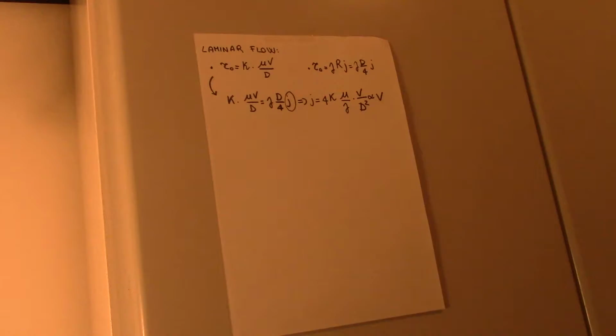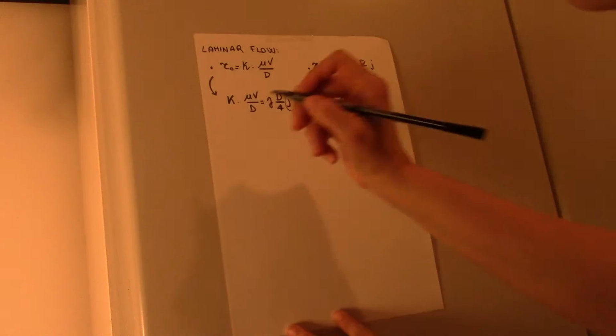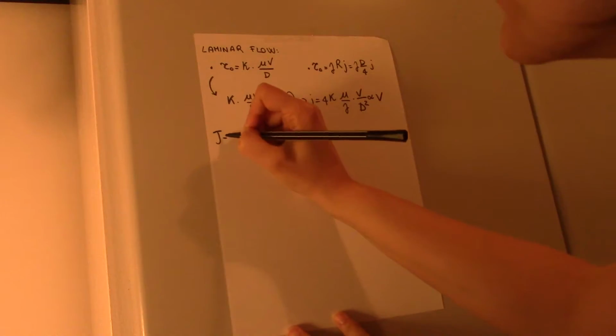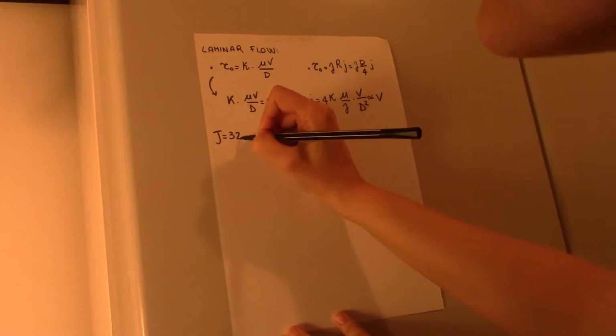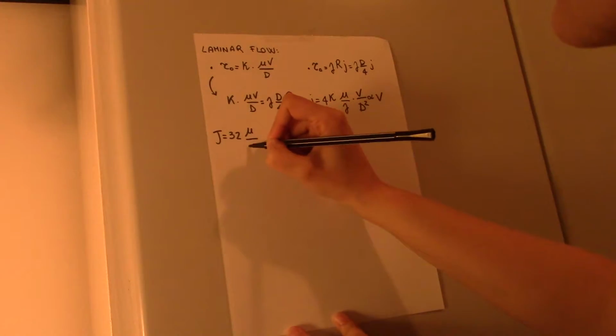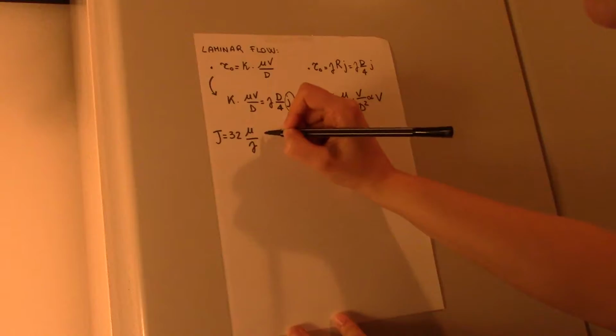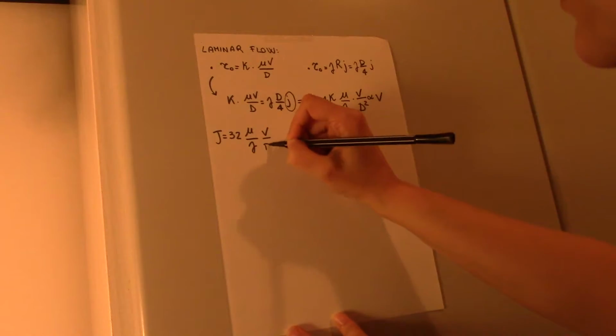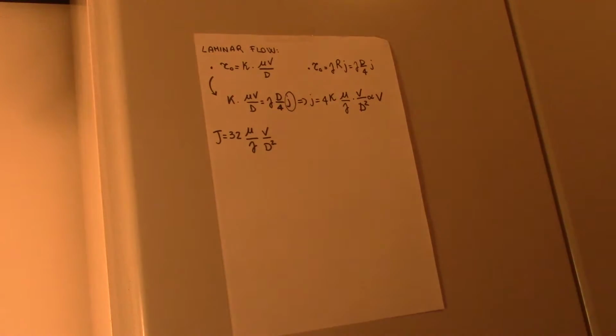Recalling Navier-Stokes, which said that for laminar flow J is equal to 32 mu over gamma times v over D to the power of 2.